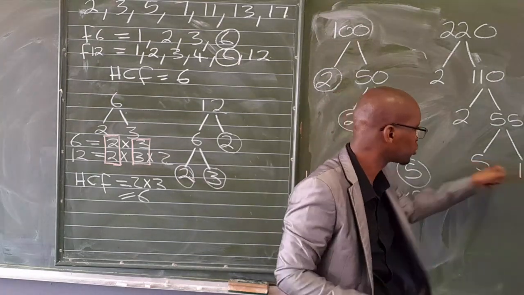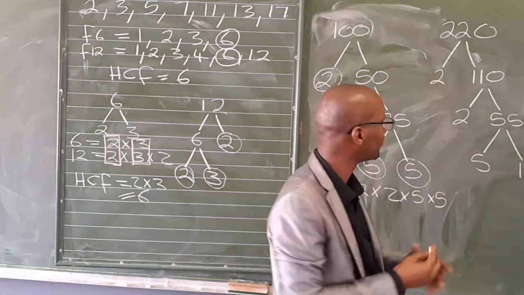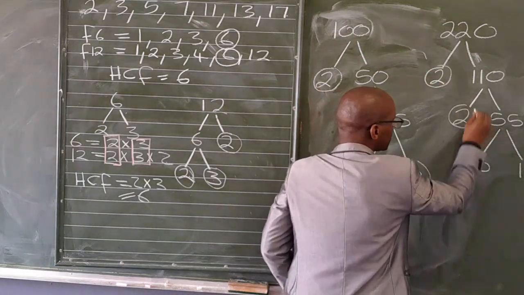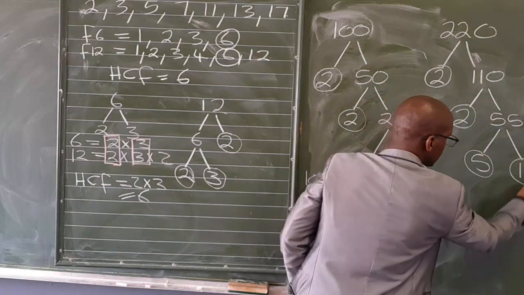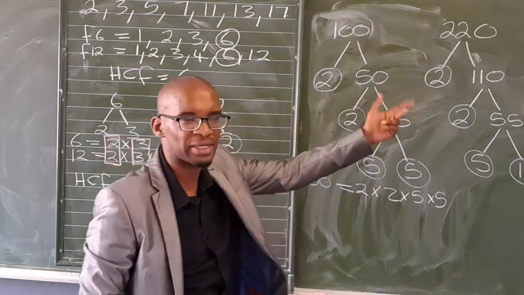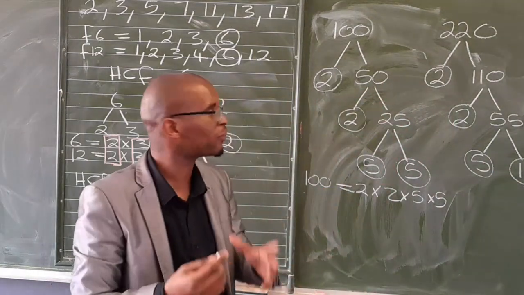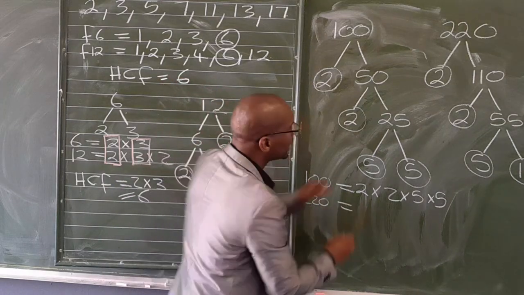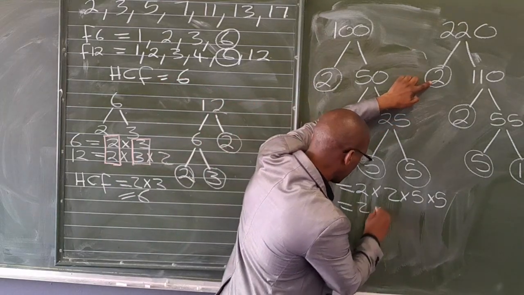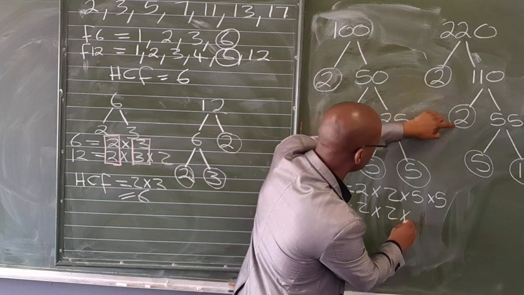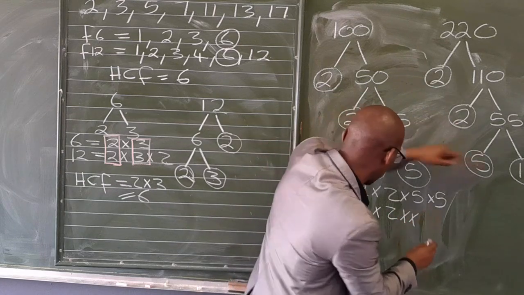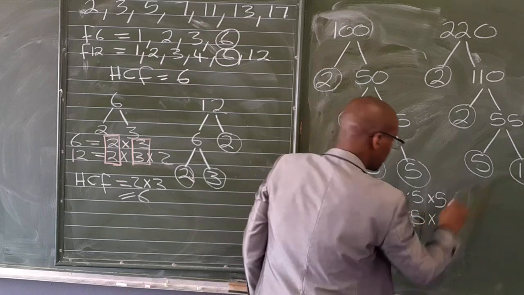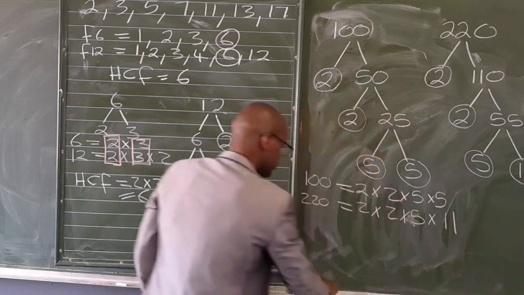Since they are the last two numbers, I know that I'm done with my factor tree diagram and I can go and circle my prime numbers. So now, writing 220 as a product of its prime factors, I can say 220 is equal to 2 multiplied by 2 multiplied by 5 multiplied by 11.